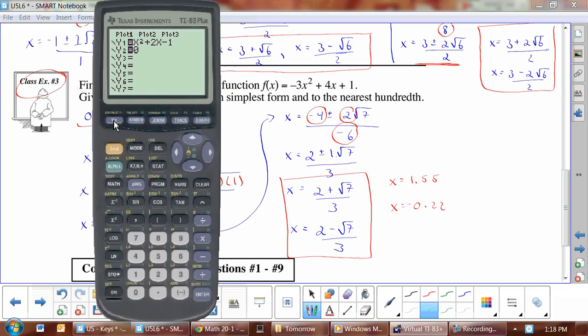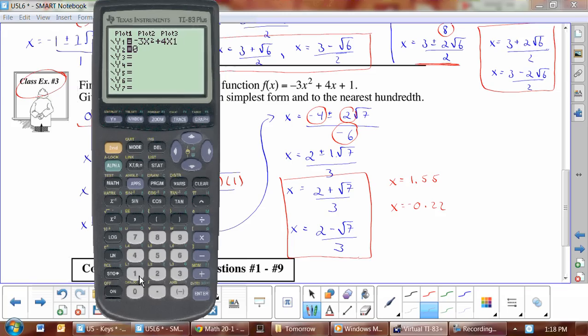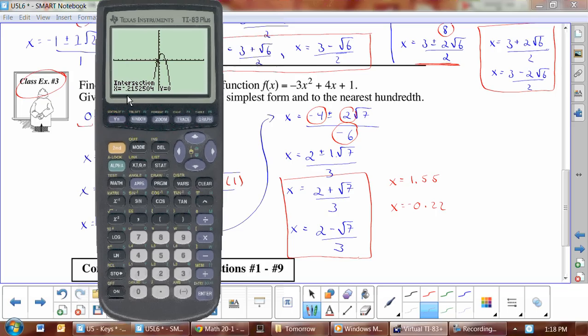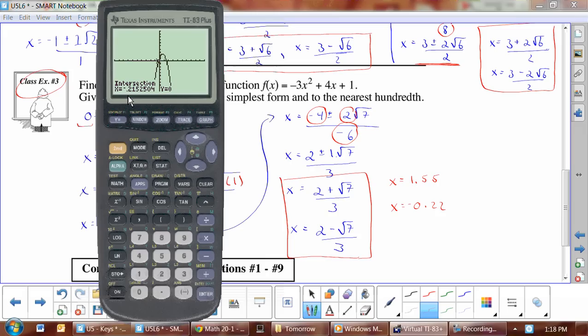So then you can also do the same thing and test it in a graphing calculator. Plus 4x plus 1. Beautiful. And then second trace intercept. Enter, enter, enter. Then you find, oh, look, it's the same.